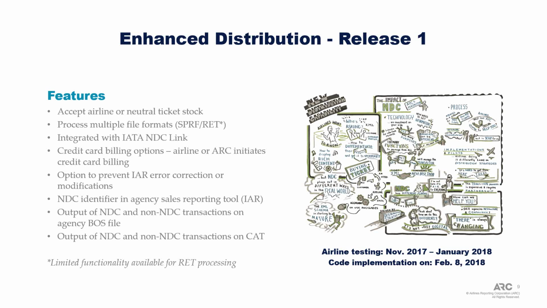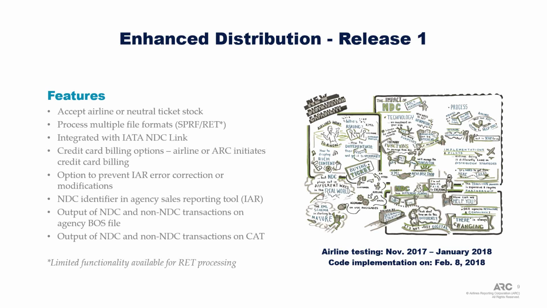So today, in our sales reporting tool that travel agencies use called IAR, Interactive Agent Reporting, as transactions come into us from the GDSs, if there is a problem or it triggers one of our business edits, we will advise the agency what the error is, and generally, for the most part, they can correct that error, and then the transaction continues to go through our settlement process and is extracted and sent to the airline.